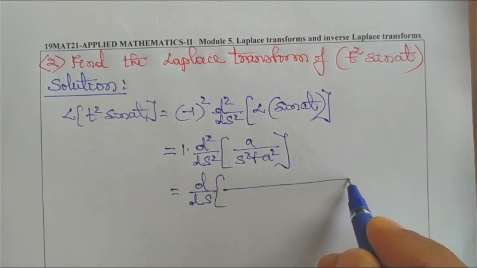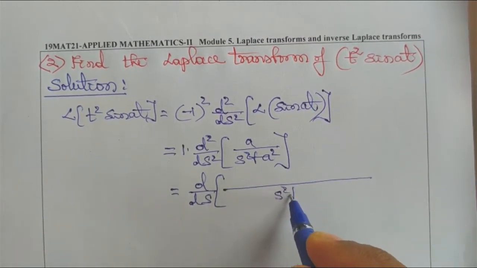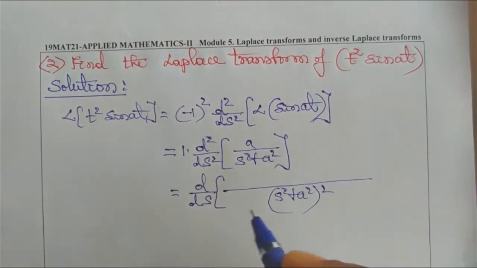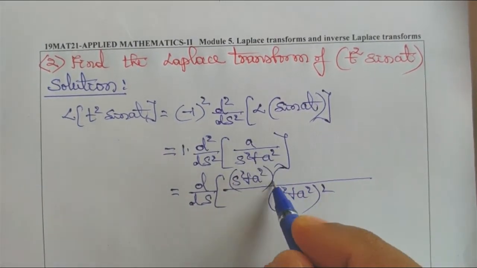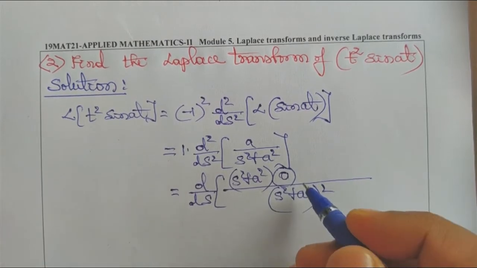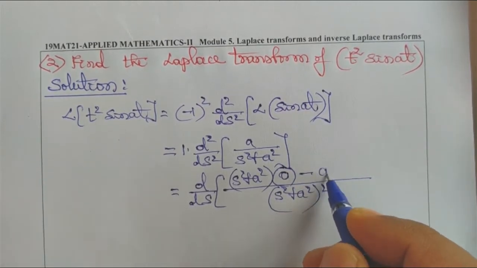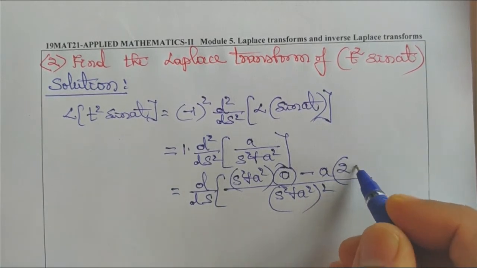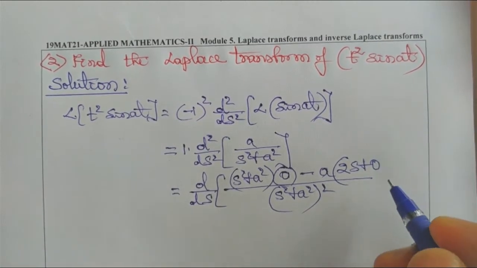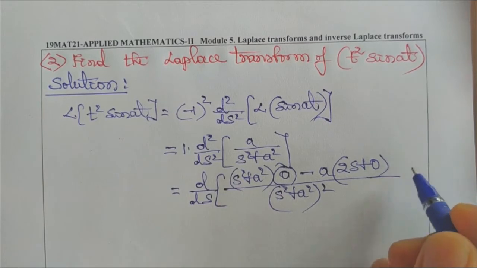So we have s square plus a square whole square in the denominator, and s square plus a square in the numerator. Differentiation of a is 0, because it is a constant, minus a into differentiation of s square plus a square, which is 2s plus 0.